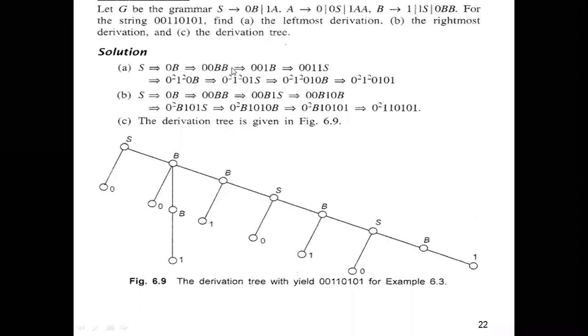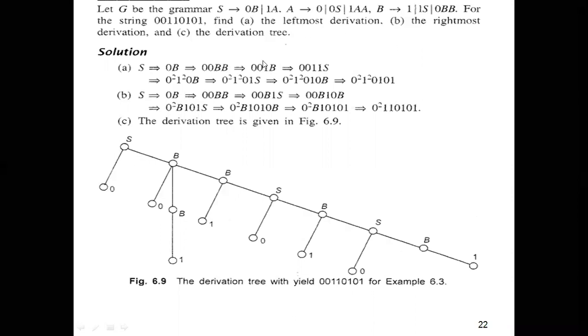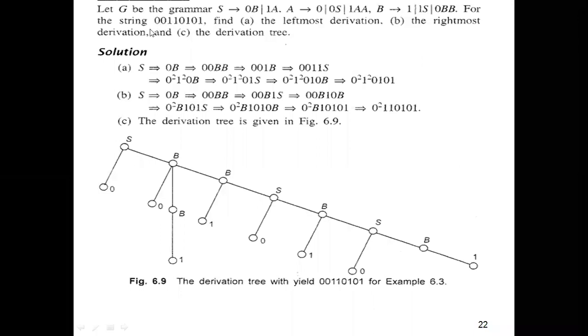So in that way you need to choose the left variables and substitute appropriate rules from the given grammar to derive the leftmost derivation, as well as the rightmost derivation. That means for the rightmost you need to derive the string from right to left, and in the leftmost I start from left and end at right.